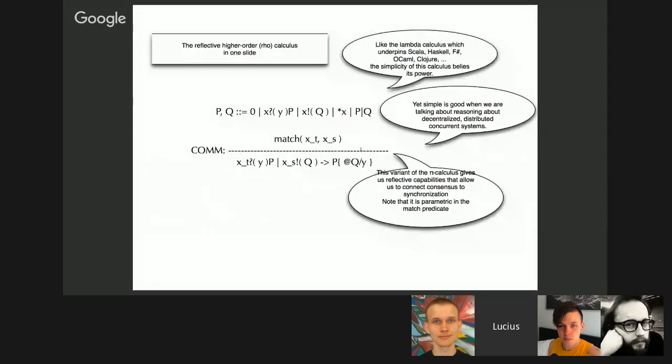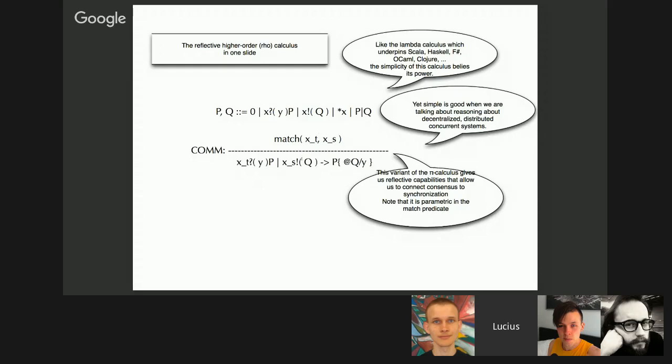Now, in the original Rho papers, I point out that a proper factoring of the pi calculus abstracts over the match rule. So what you say is, if you have an input-guarded process that's waiting on X_T, and you have an output process that's outputting on X_S, then in order for these two to effect a channel whereby this data gets supplied to this function, what you need is some predicate that says that these two match in some way.